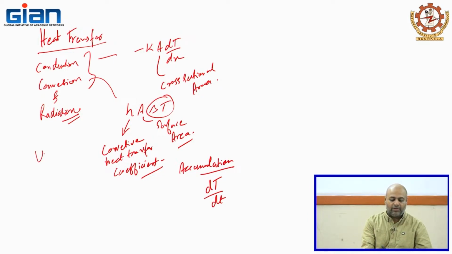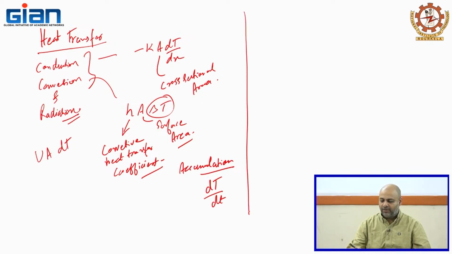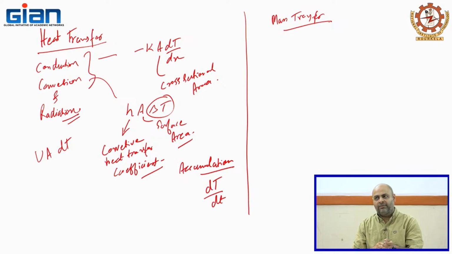You're going to see equations such as UA dT, where your U is the overall heat transfer coefficient, A is your surface area of the inside of your bioreactor, and the dT would be the temperature difference. Similarly, you have mass transfer. So what are the different modes of mass transfer?